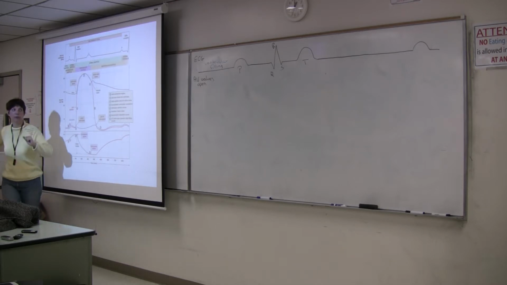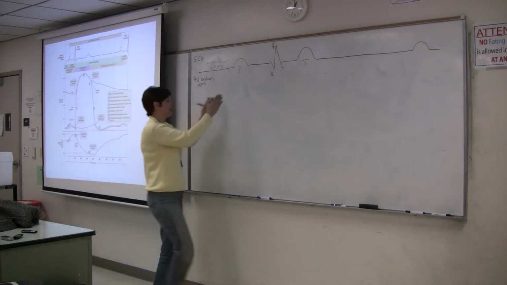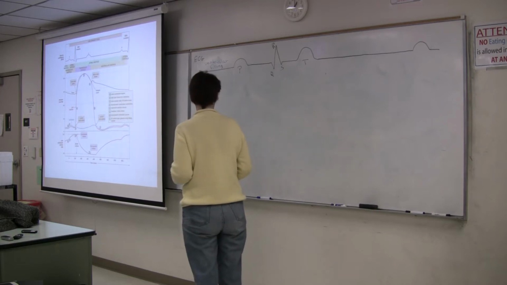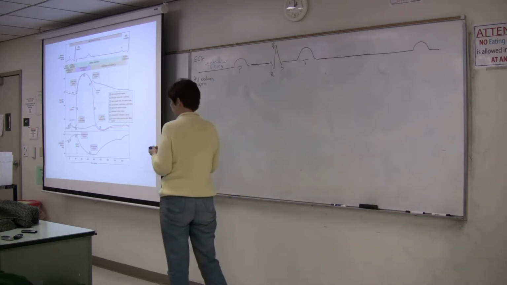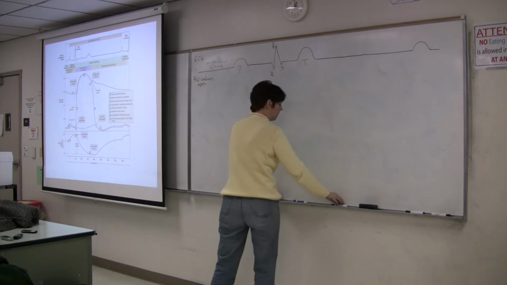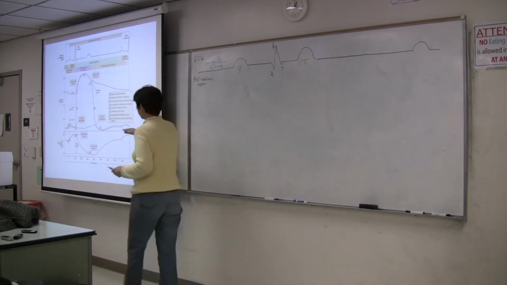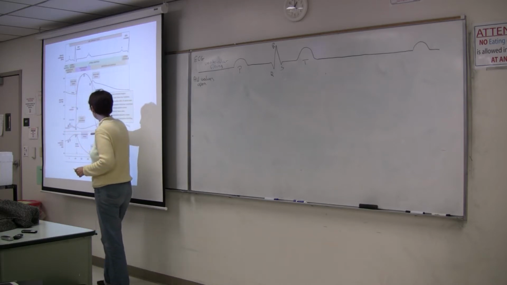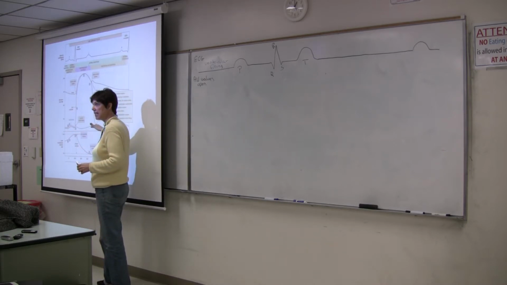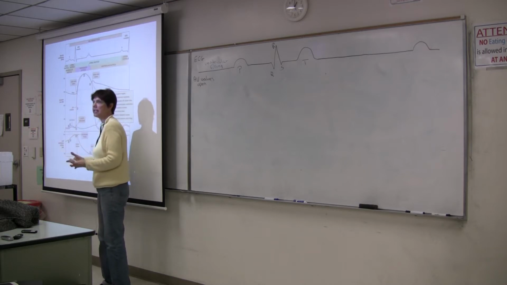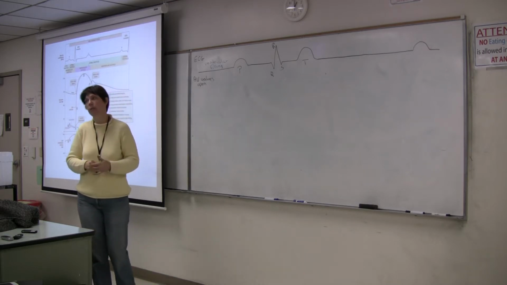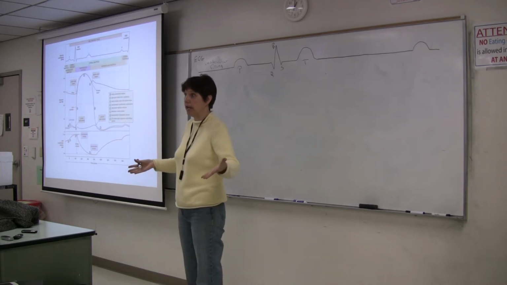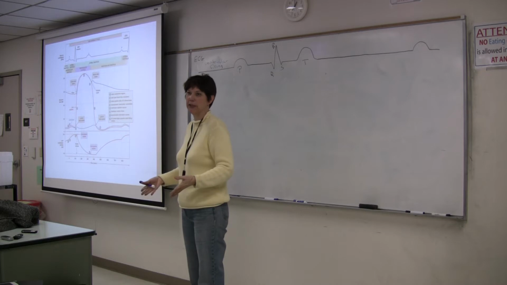So now let's go through and see what's happening. I've extended the PQ segment here just a wee bit. So we'll start out with atrial changes. Notice that the atrial pressure shown here in blue isn't changing very much. It rises and falls, because most of the time during ventricular filling, which is most of our heart cycle, the blood flows right through the atria, passes through the AV valves and into the ventricles.